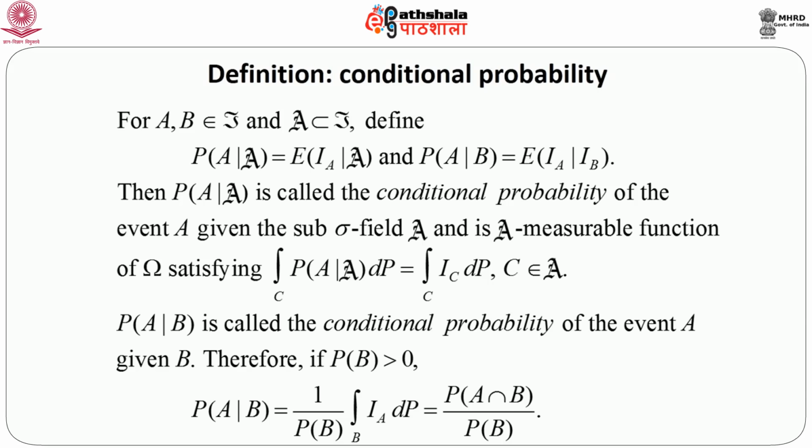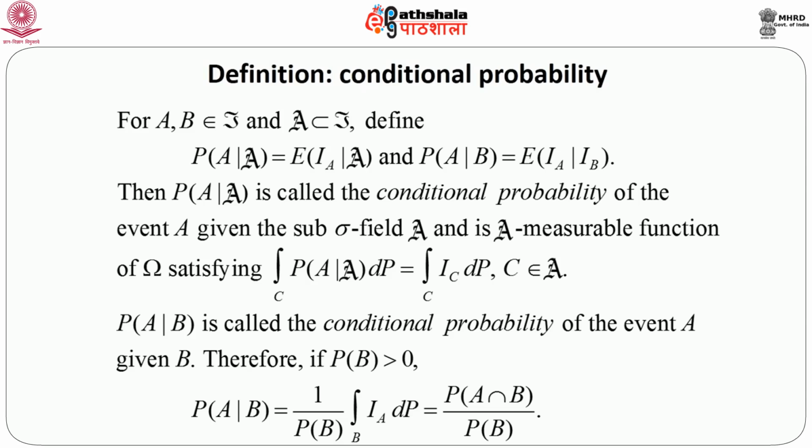If we define it this way, then the probability of A given script A is called the conditional probability of the event A given the sub sigma field script A, and naturally this is a script A measurable function of omega which satisfies the integral over C of probability of A given script A dP equals the integral over C of I_A dP for C belonging to script A. So this is the way we define conditional probability, and probability of A given B is called the conditional probability of the event A given B.